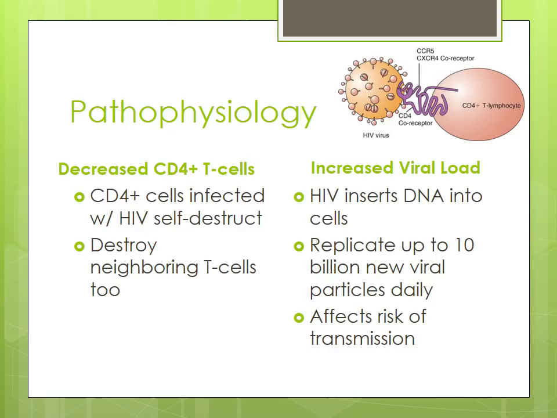It does make some errors, and it can make different strains. So this is why we see this twofold: one, the decreased CD4 T cells, and two, an increase in the viral load. And note too, it's on the slide, but the virus can replicate up to 10 billion new viral particles every day. So that's pretty significant, right? That's a lot of new viral particles being made.